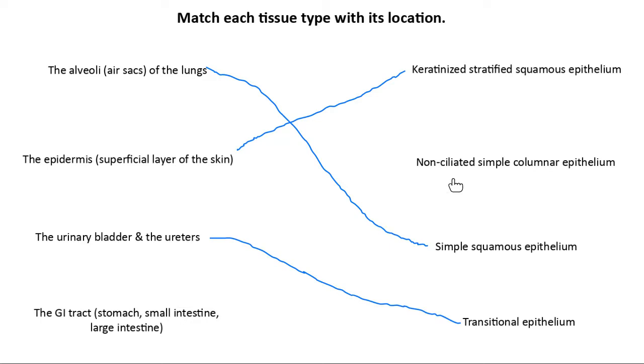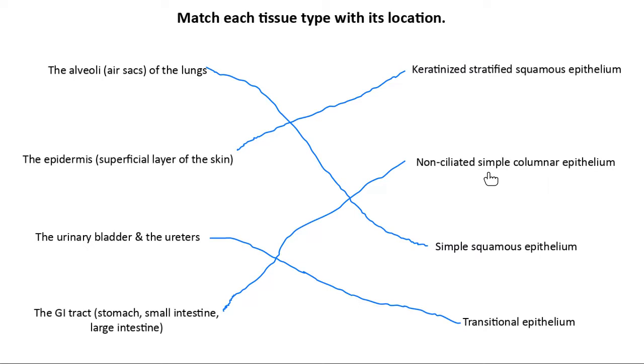That just leaves for us non-ciliated simple columnar epithelium. Non-ciliated simple columnar epithelium is one of Dr. Ollis's favorites because look where it's found. It's found in my favorite system, lining the GI tract. Columnar, remember, means they're tall and skinny cells.